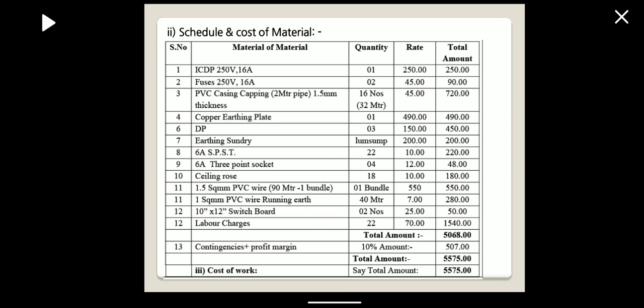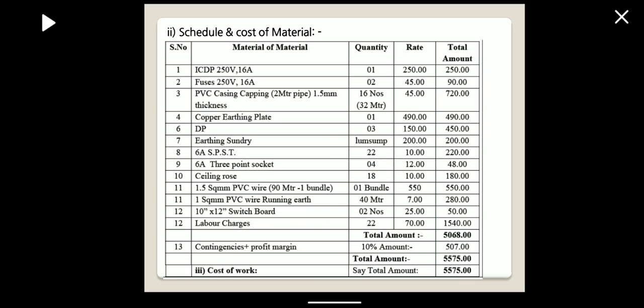So 45 rupees per head, so 90 rupees is the total amount for the fuses. Then PVC casing capping wiring is 2 meter pipe, 1.5 mm thickness. So 16 numbers are required for this installation, that means 32 meters required.